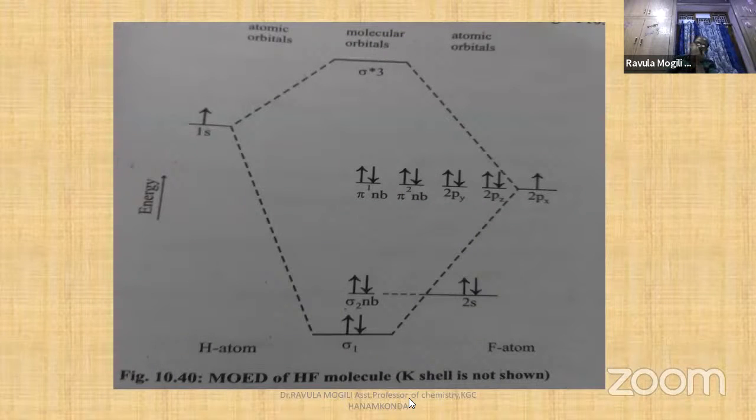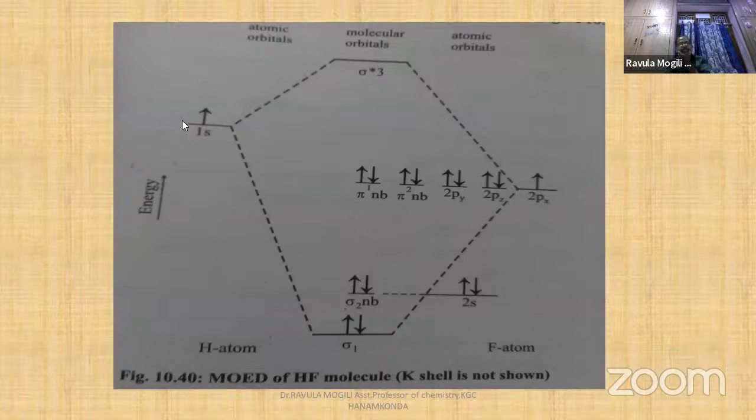For this HF molecule, the hydrogen atom has electrons in the 1s orbital.